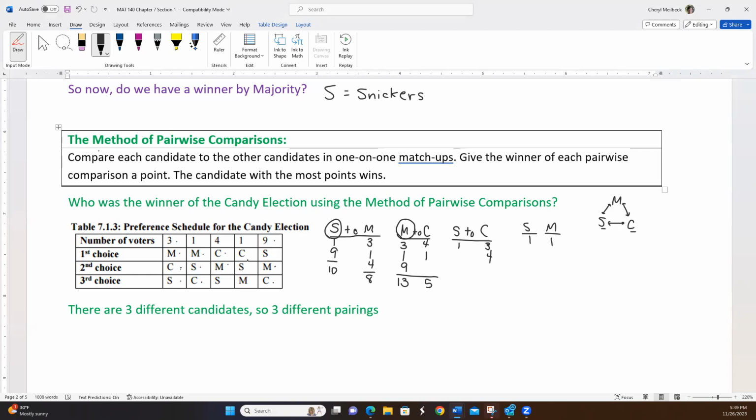My fourth column, C is ahead of S, so C gets that 1 point. But in my fifth column, S is ahead of C and gets all of those 9 points. So S had 10 and C had 8, so S won. S won twice, M won once, and C won 0 times. So Snickers is the winner using pairwise comparisons.